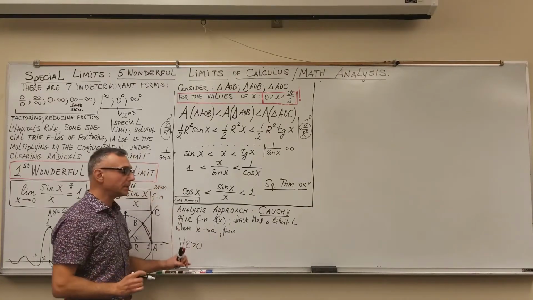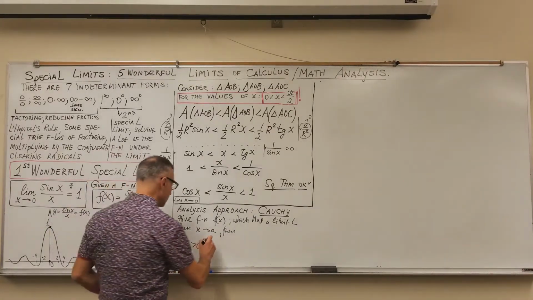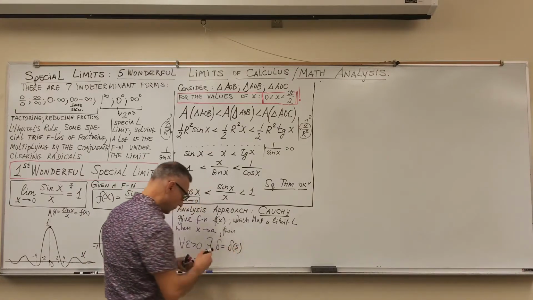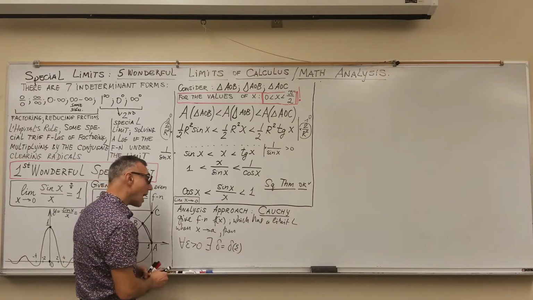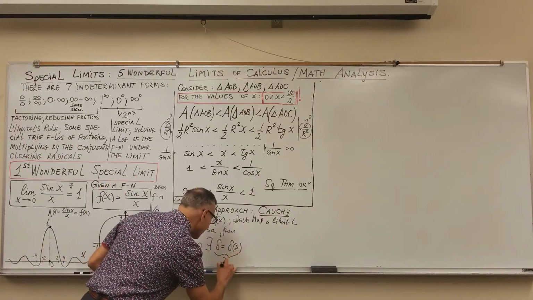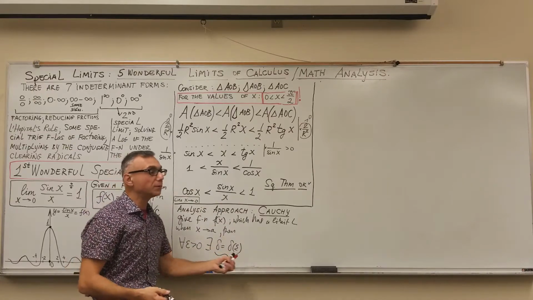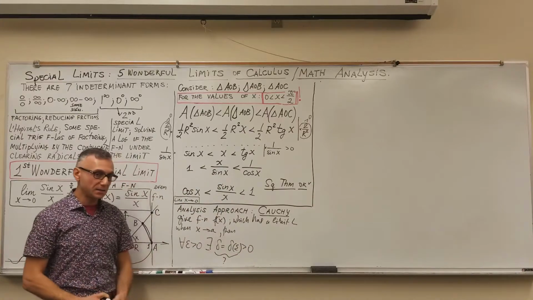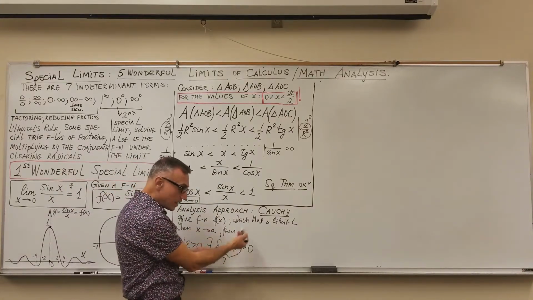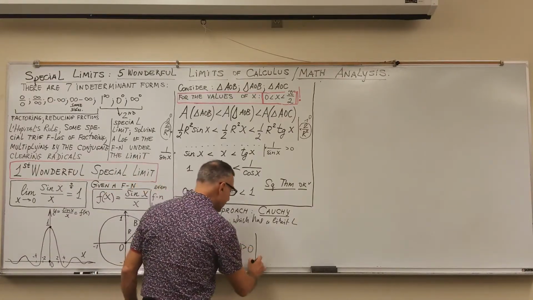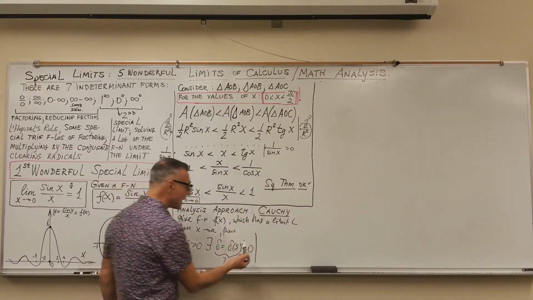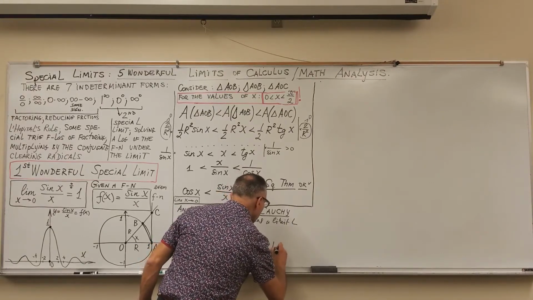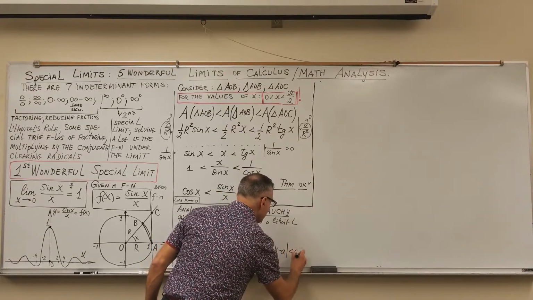For any arbitrary small positive epsilon, there exists delta, and actually delta is a function of epsilon. This is what's important. I need to find this function, delta depends on epsilon, which is also positive, because I'm using it for the neighborhood of my x variable, such that for any x, absolute value of x minus a less than delta.